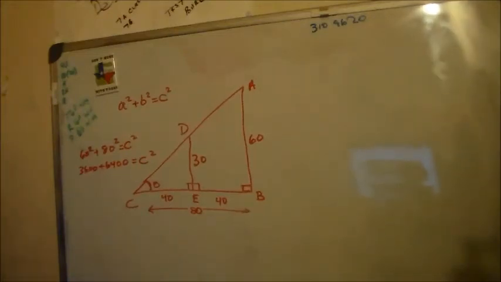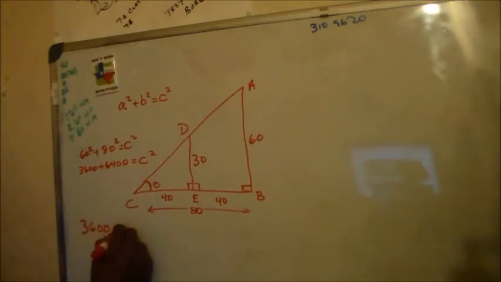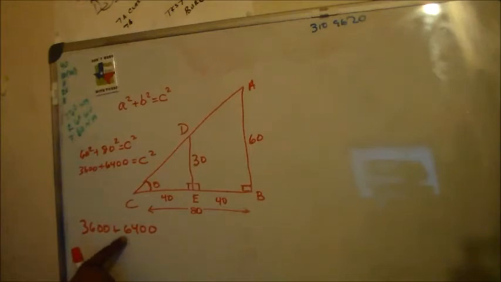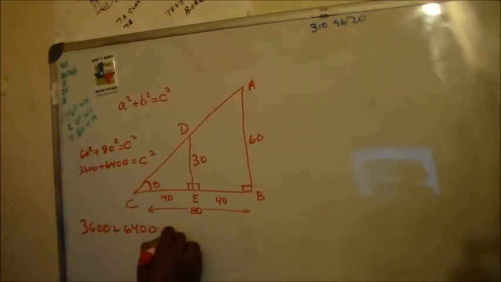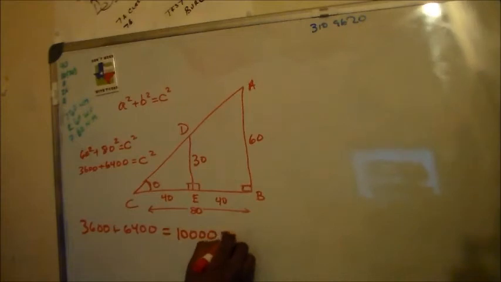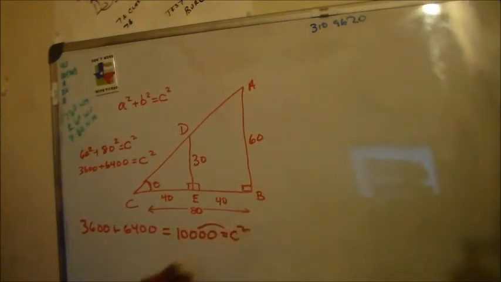So 3,600 plus 6,400, I'll just deal with the two basic numbers, and we're going to come up with 10,000. All right. So this is equal to C squared.